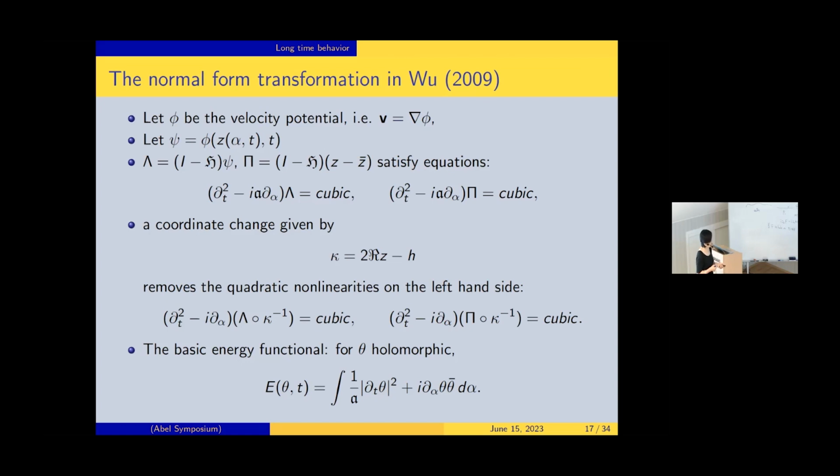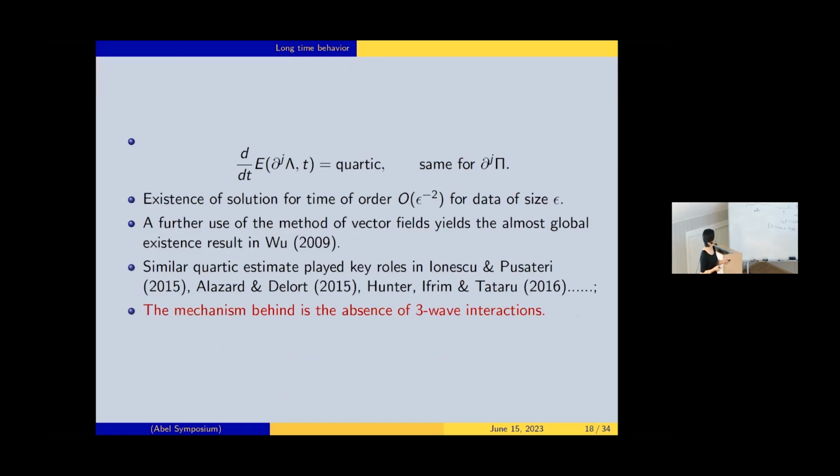We can plug in not only lambda and pi, we can also plug in all the derivatives of these quantities, and then we take ddt, right? So for all the derivatives of these quantities, ddt of this energy functional acting on this is quartic.